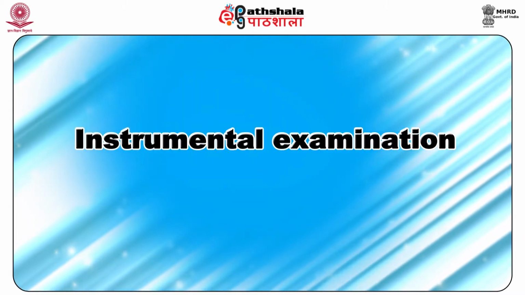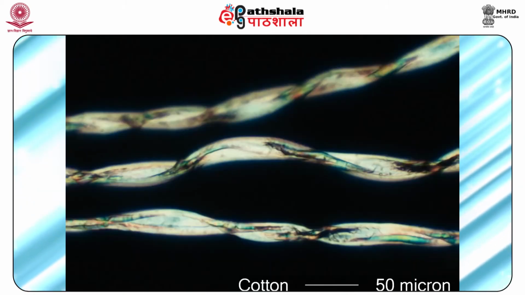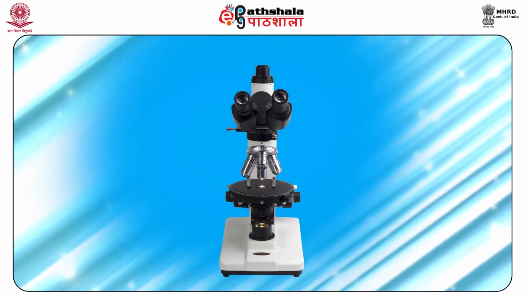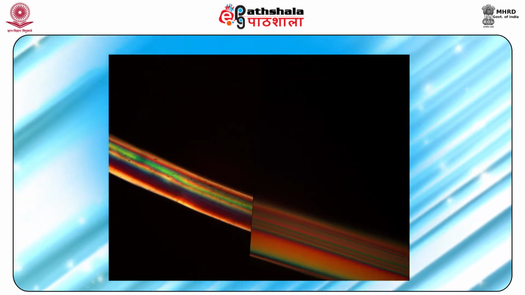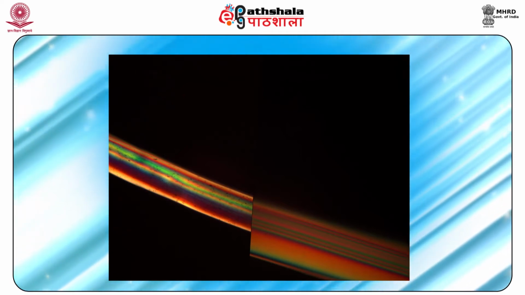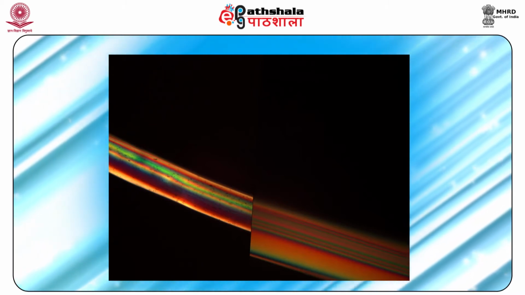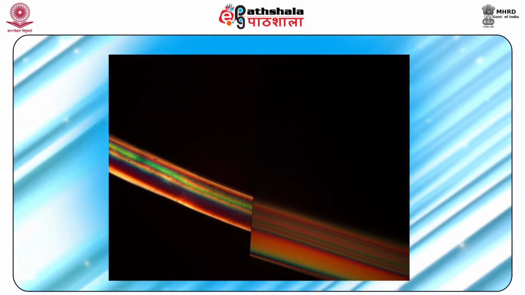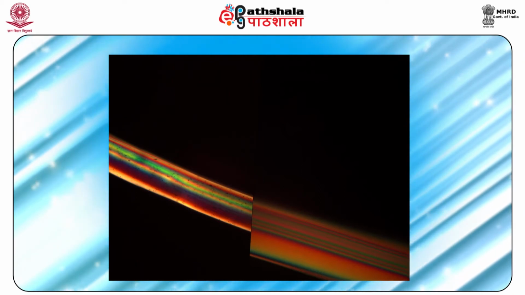Now moving on to instrumental examination. Laboratory examination of fibers is principally performed using a polarizing light microscope. Using this instrument and oils of known refractive indices, a scientist can examine and compare color, thickness, cross-sectional shape, amount of delustrant, and composition.